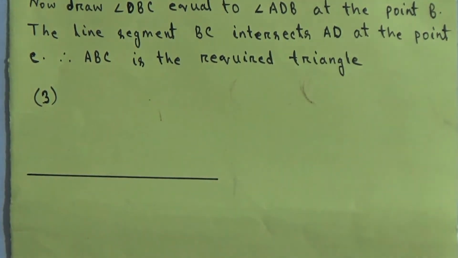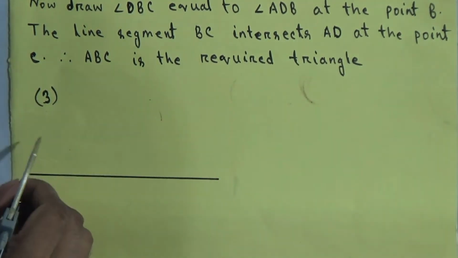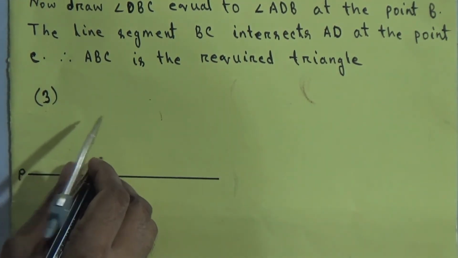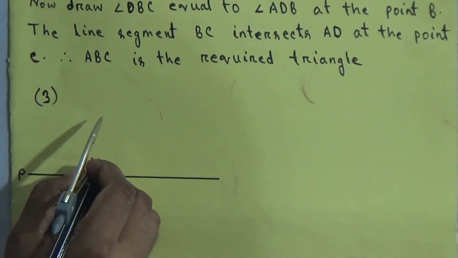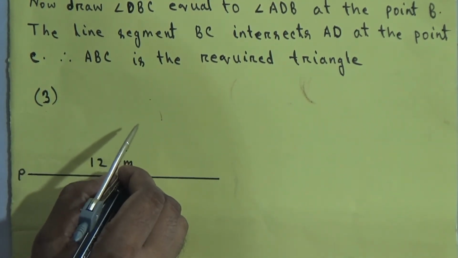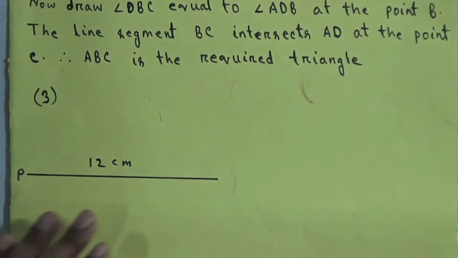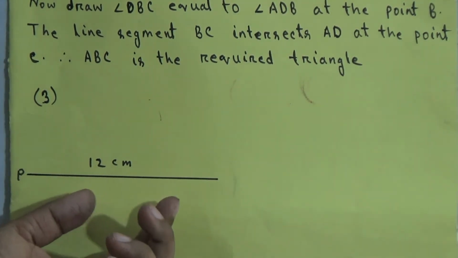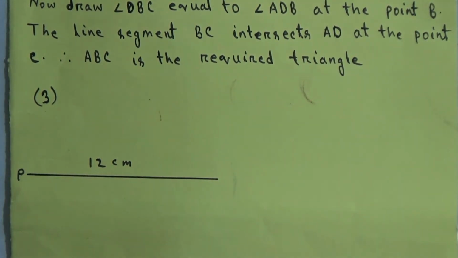It is the perimeter. We are considering its name is P and its length is 2s, that means 12 centimeter. Now we will draw a square where the sum of the length of all sides will be 12 centimeter. We know that in the square all sides length is the same.